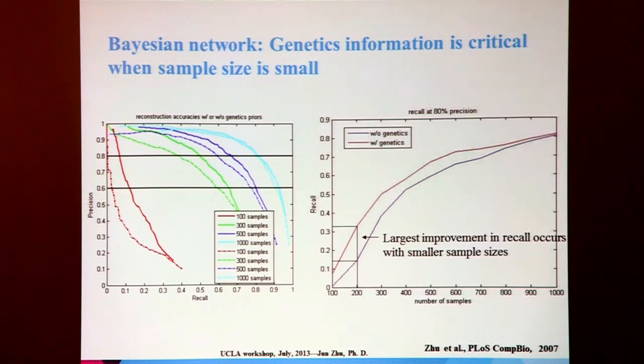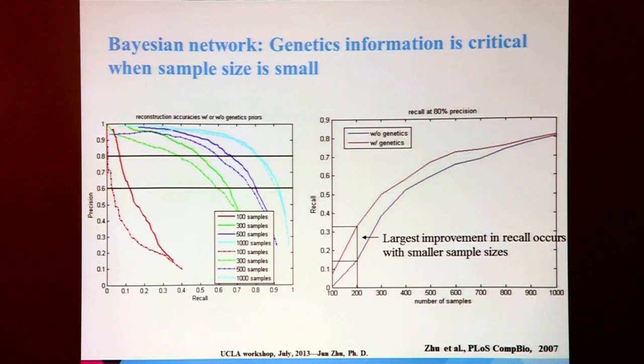When you have a large sample size, most of the information is redundant. That's why in the mouse cross that we have, the sample size is around 200 or 300. At this point, the investment gives you the largest return.